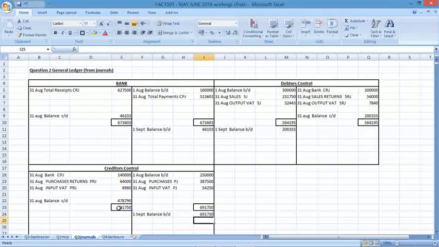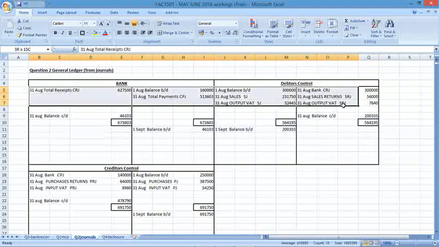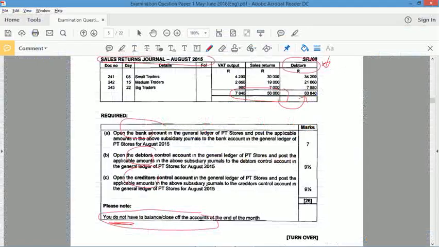So that's balancing. The question said you don't need to do that, but I've done it just to show you how to do balancing, something additional. You didn't have to do the balancing, they just wanted these line items posted through to your debtors. And that's question number 2.